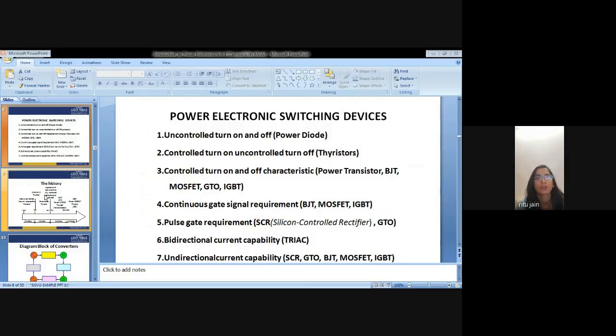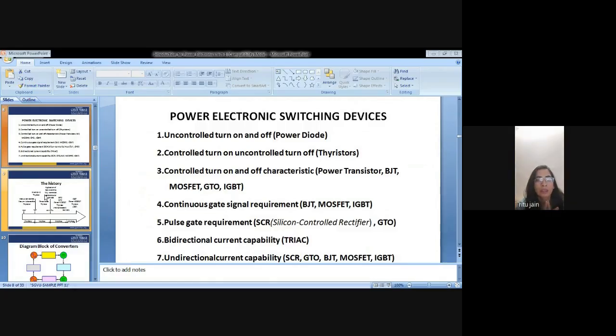If you reverse the terminals, connecting the positive terminal of the diode to the negative terminal of the battery and the negative terminal of the diode to the positive terminal of the battery, it won't work. It will be in reverse bias. So the power diode is an uncontrolled device. You can't control the power by using this power diode.